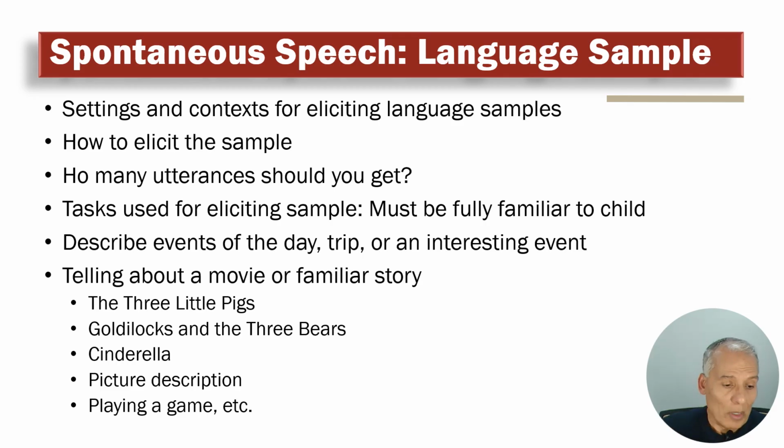Many of us expect that kids know the story of the Three Little Pigs, for example, or Goldilocks and the Three Bears. These stories are so familiar and so valuable that they can enable you to get information that is so important.